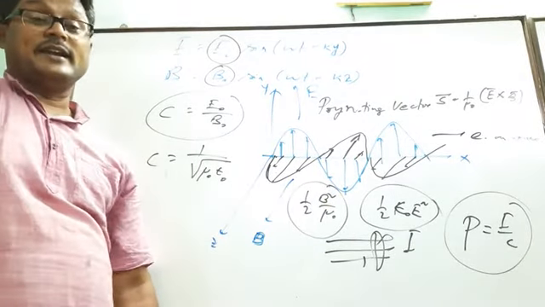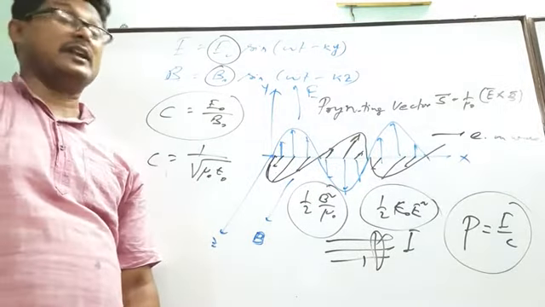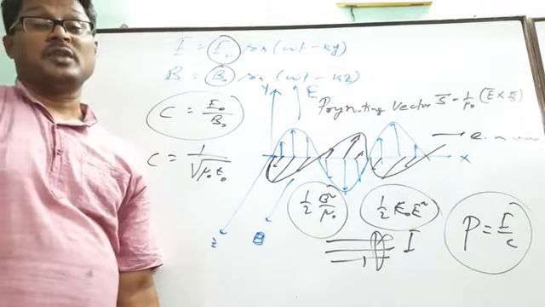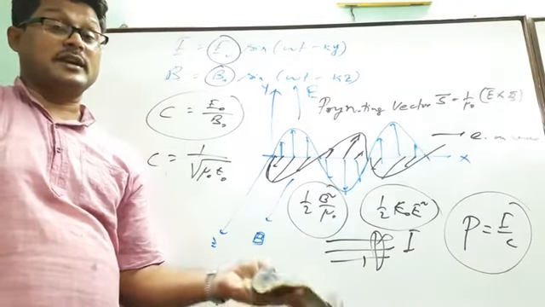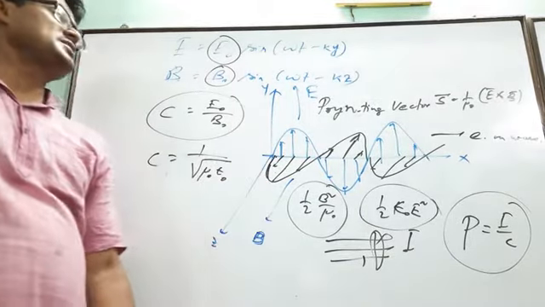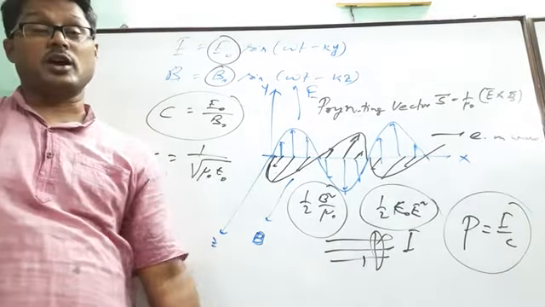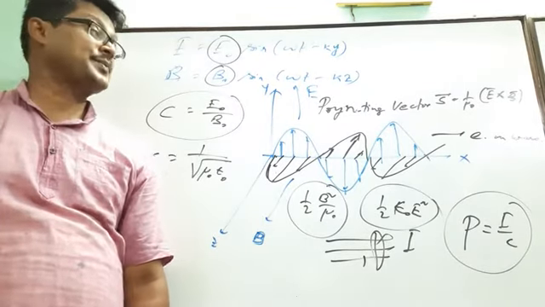Also it indicates the direction of propagation of the electromagnetic wave, and it is the measurement of the intensity. Intensity, I said, is the amount of energy passing through unit area per unit time. So this Poynting vector is very important in the study of electromagnetic waves.